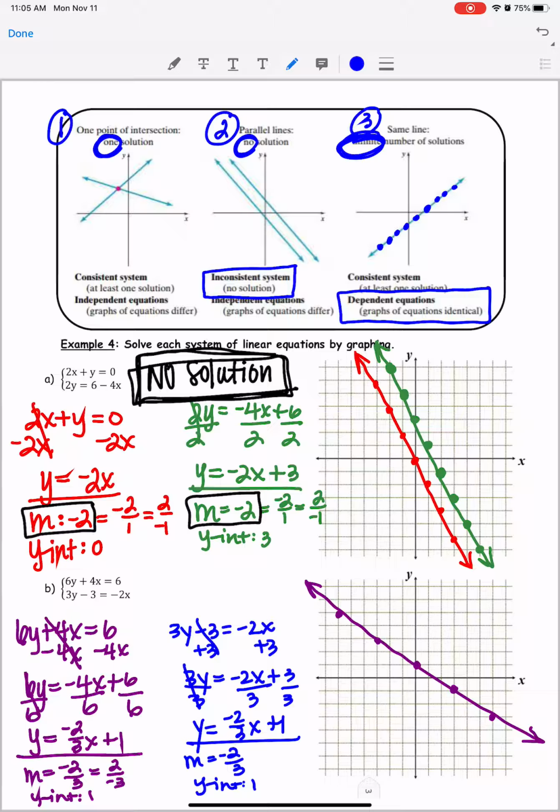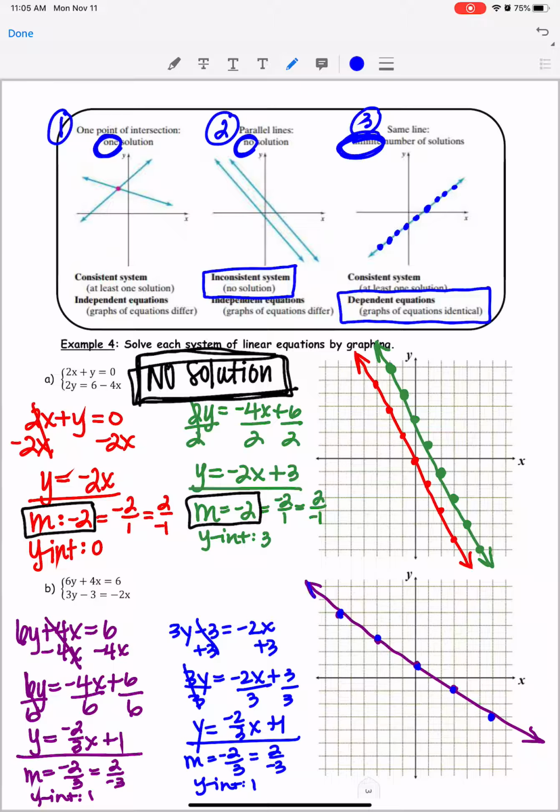So if you notice here, they're the exact same, right? We've got a y-intercept at 1, down 2 over 3, down 2 over 3. And then if we switch that and make that 2 over negative 3, now we're going up 2 over 3, up 2 over 3.